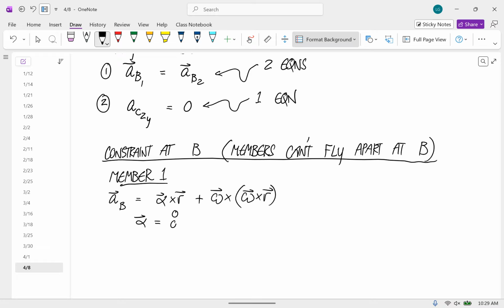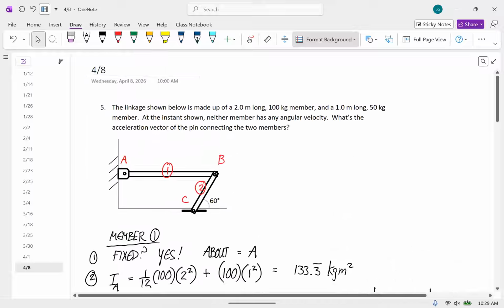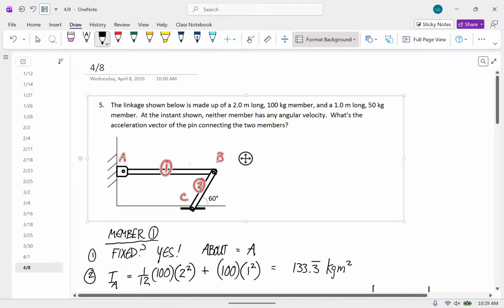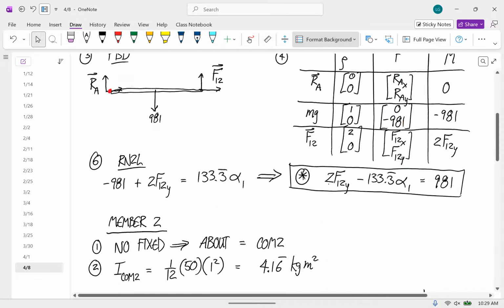This is 0, 0, alpha 1, because right now we're doing it according to member 1. Our omega vector, it's given in the problem that at this instant, we're looking at this thing at rest. So the angular velocity is 0.